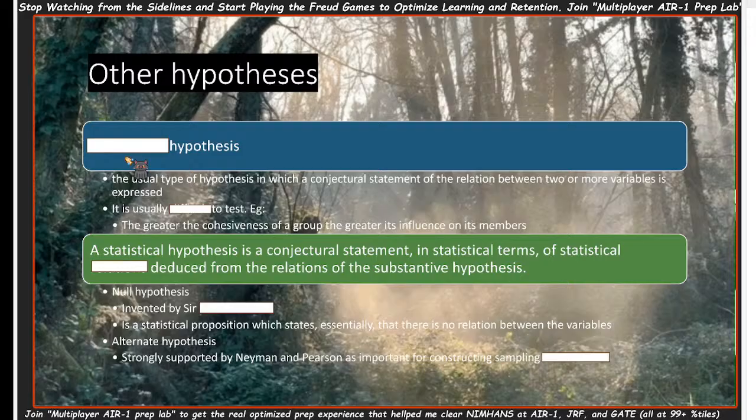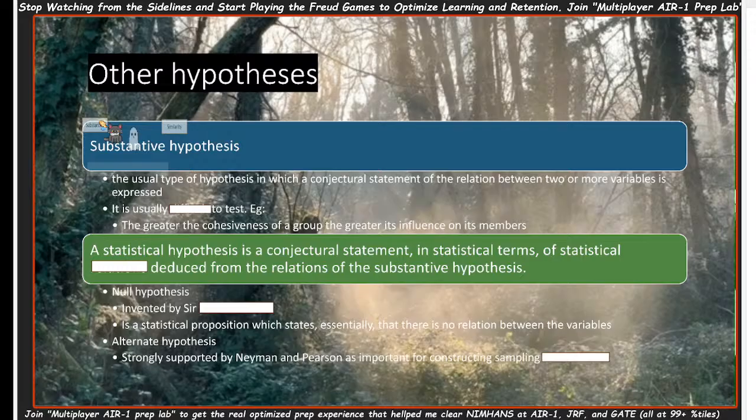Other hypotheses. So this is something you'll find in color. We have substantive hypothesis, something that is still very vague. It is not as specific as what we would consider a statistical hypothesis. I'll tell you what a statistical hypothesis is. A statistical hypothesis is something where you have very specific, statistically framed statements.